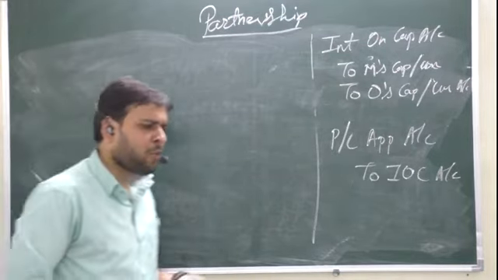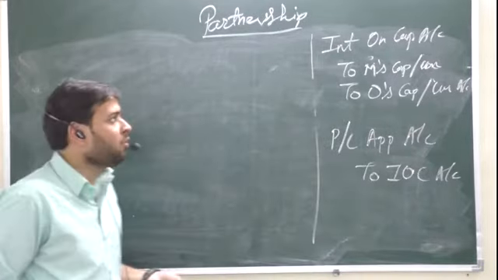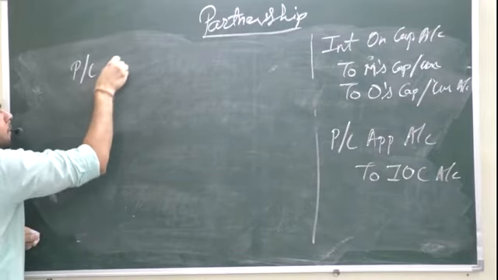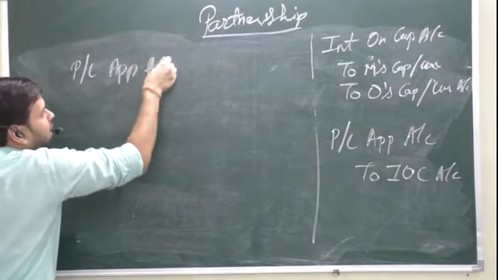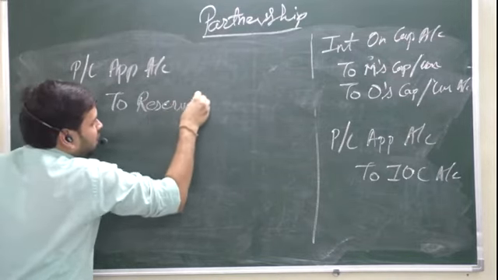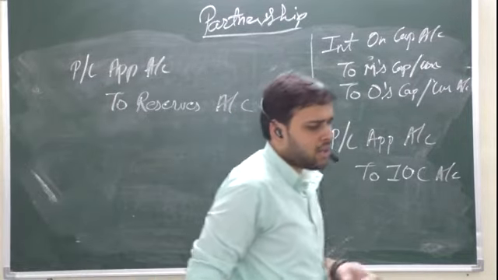If there is no profit, there will be no reserve. The entry for the reserve is P&L appropriation account debit to reserves account.